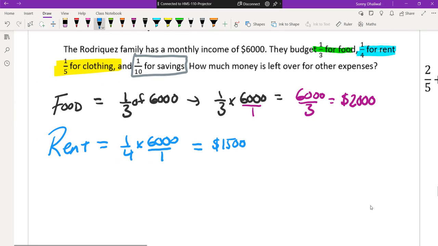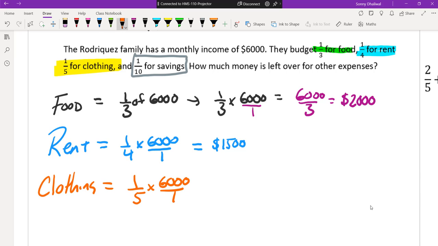Then we also have a fifth for clothing. That was in yellow, so I'll use orange. A fifth of $6,000 for clothing. How much does that equal? $1,200. That sounds about right.